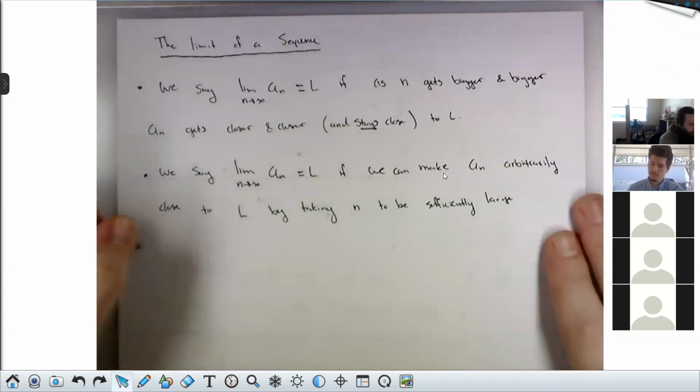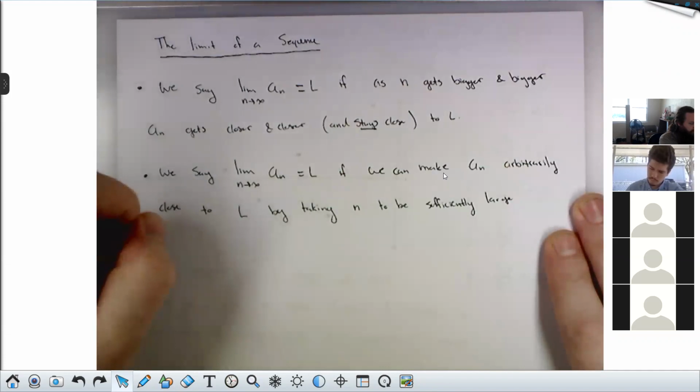And then finally, we've got the whole hog definition.